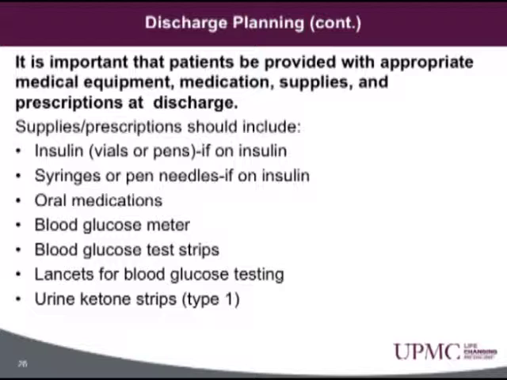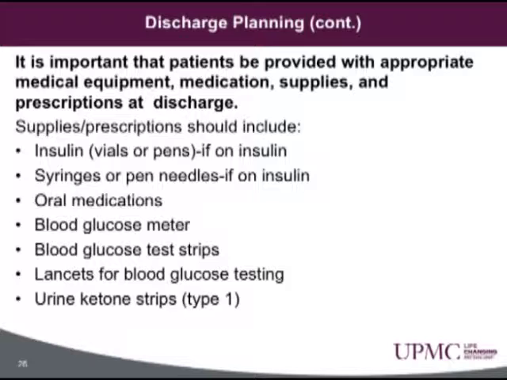It's also important that you have the proper medical equipment, medication, supplies, and prescriptions at discharge. So we want to make sure that you have a prescription for your insulin, whether it be in the vials or the bottles, or the pens, if you're being discharged on insulin, or syringes or pen needles to administer it, again, if you're on insulin.